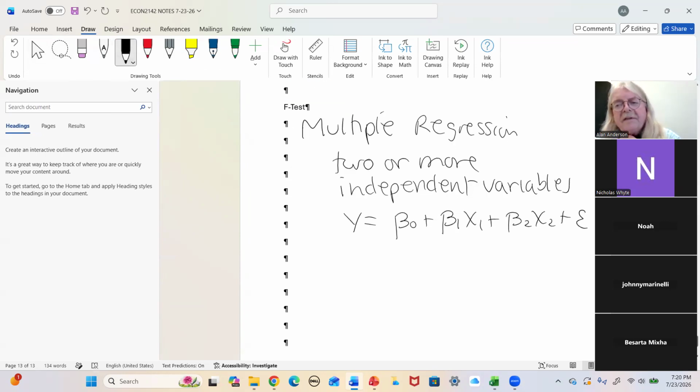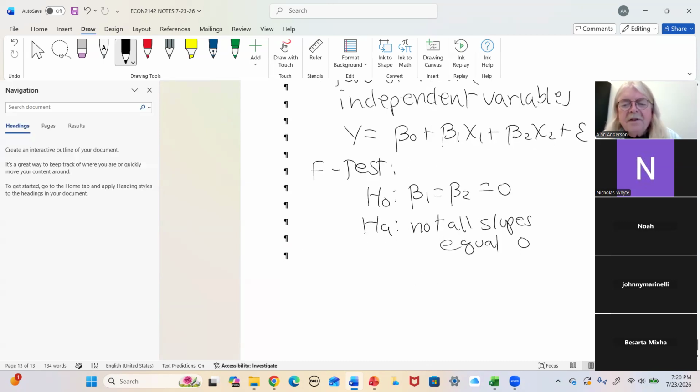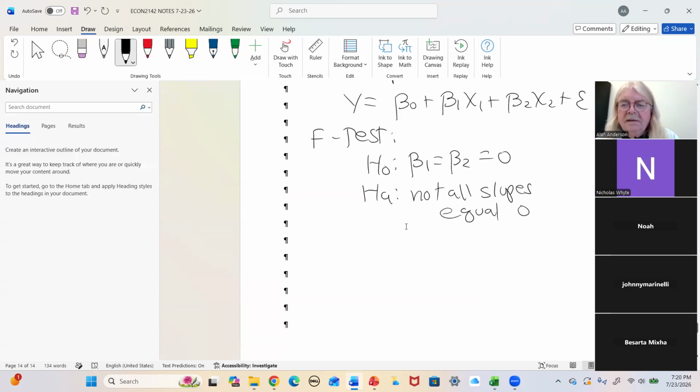But the point of the f-test is to do this. So it enables us to check all of them at once, all the slopes, which is obviously very efficient.